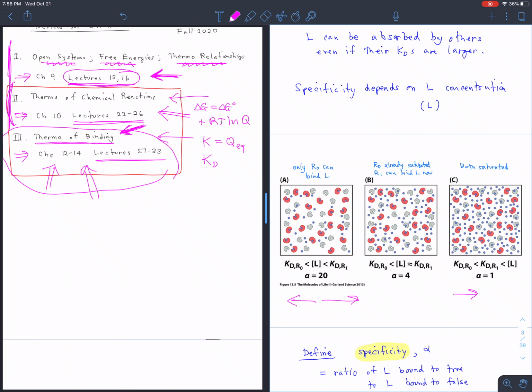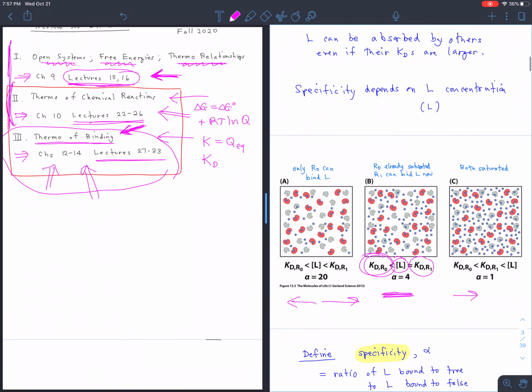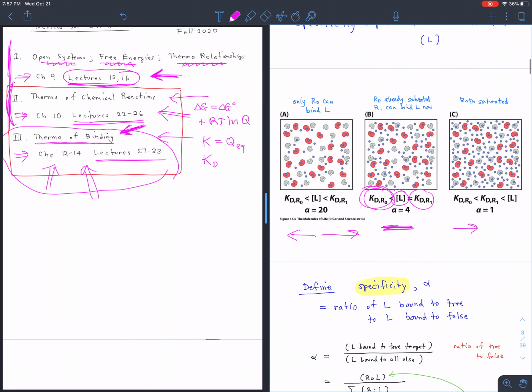If you put too little ligand in, you don't get any binding to the molecules that you need to load up. And only when you're in the range of the ligand concentration roughly equaling the KD of the target protein do you get good specificity and reasonably good loading.